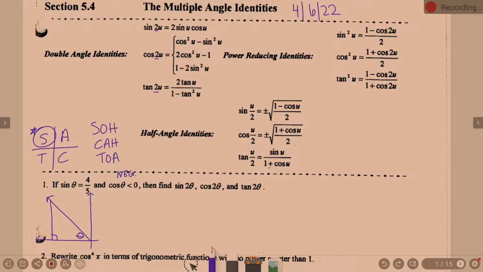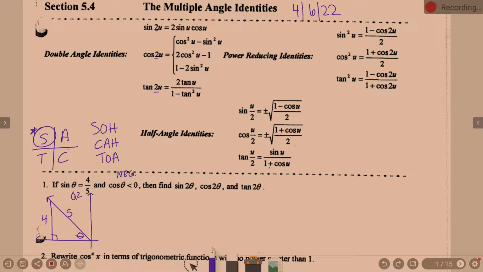If sine is 4/5, what's that tell me? 4 is the opposite, 5 is the hypotenuse. If 4 is opposite and 5 is hypotenuse, what about that adjacent side?